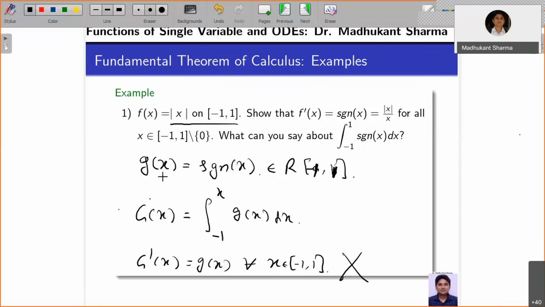So small g is Riemann integrable, that's fine, but g is not continuous everywhere. So you cannot have G'(x) equal to g(x) for every x in -1 to 1. So I can't apply the fundamental theorem of calculus here. That's the summary for this case.